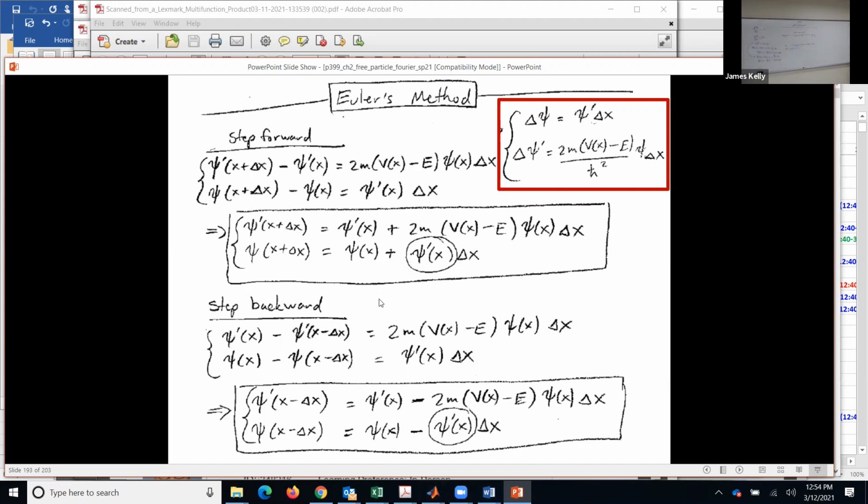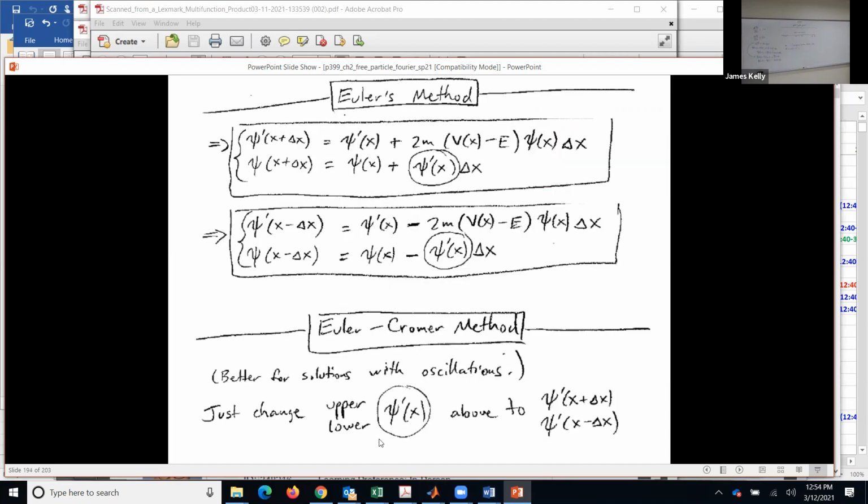And so you could write something like that in MATLAB code. There's a slightly better method for differential equations that involve some sort of oscillation. And as we've seen, our solutions to the time-independent Schrodinger equation often have some oscillatory region. So this might be slightly better than Euler's method. If you talked about Euler's method at all in your differential equations class, you probably heard that there are some problems with round-off errors sometimes, and they can really accumulate badly.